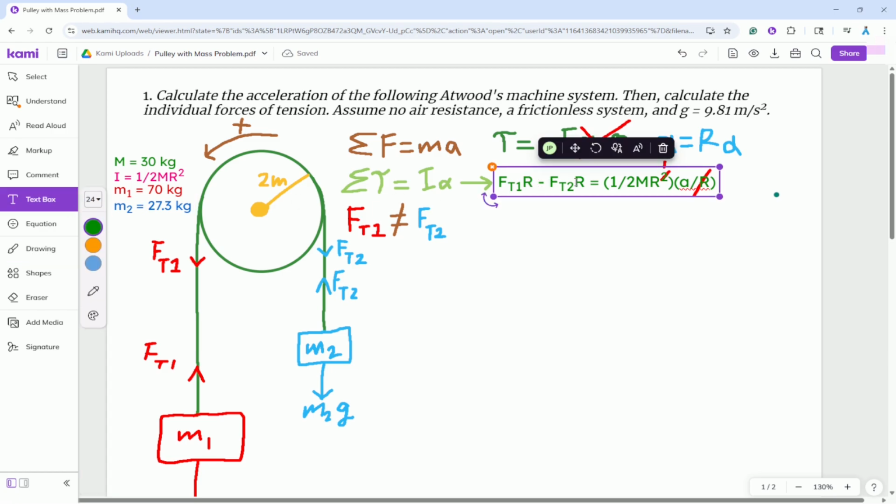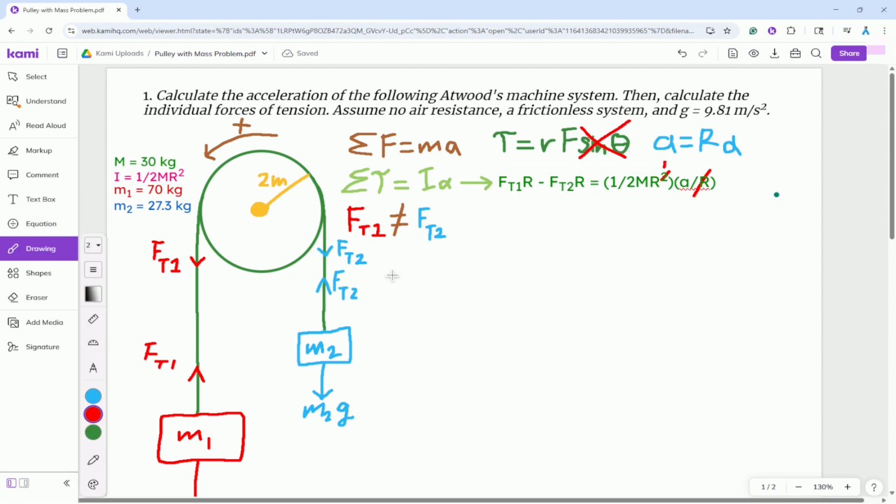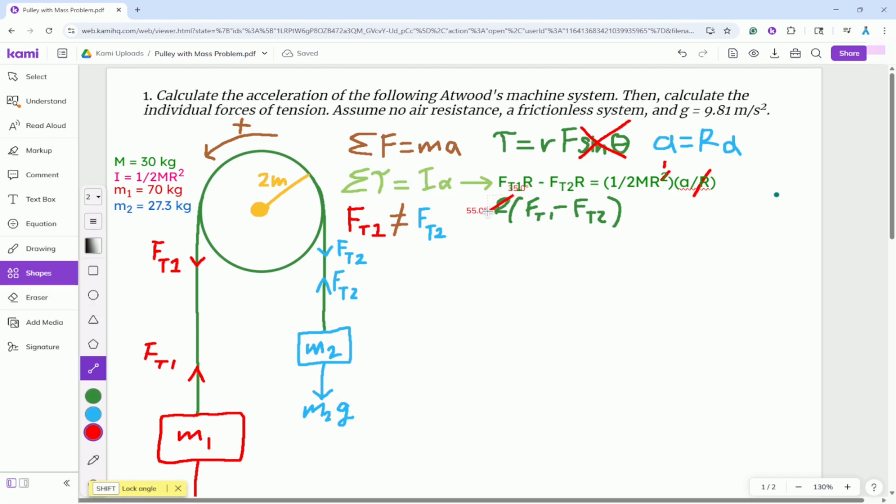So I'm going to just do this and just write it out, this could be factored to R (FT1 minus FT2), which means we can actually cancel this R. Oh, wrong tool.